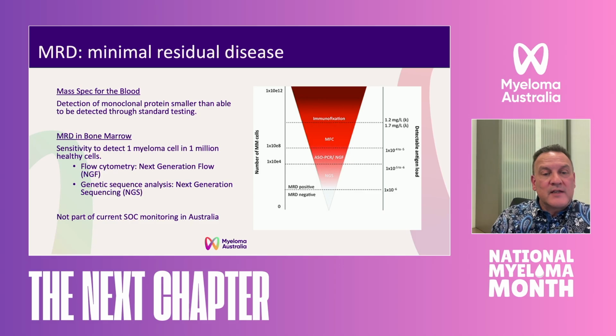Or can you identify a genetic sequence of the myelomas that's characteristic of a patient's myeloma? And again, look at millions of cells to try and see if you can see any cells. And these tests are sensitive to less than one in a million, but as we look at more cells, you can get this down to 1 in 2, 3, 4, or 5 million cells, depending on how many cells that you process.